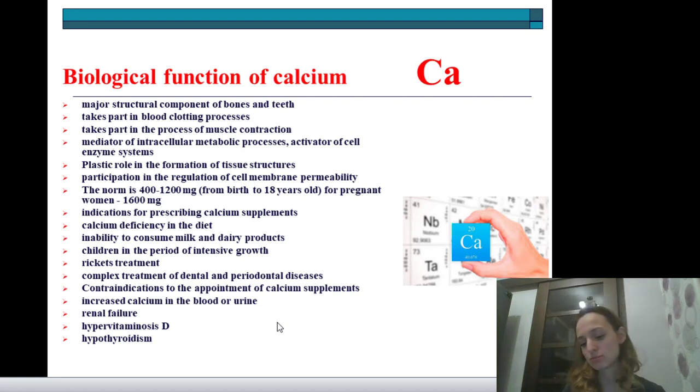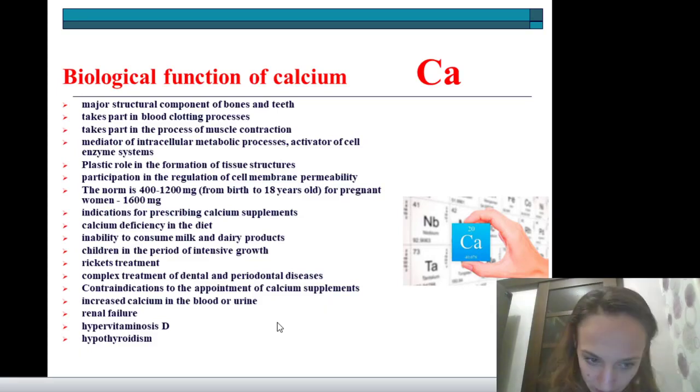But in pediatric dentistry we should do a joint consultation with a pediatrician, and contraindications to the appointment of calcium supplements. Yes.